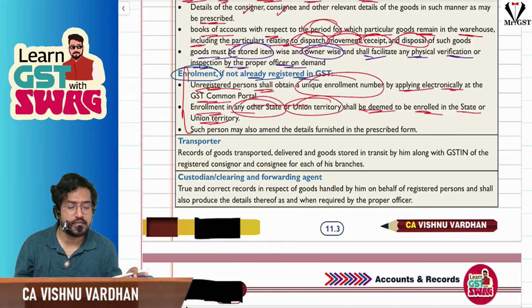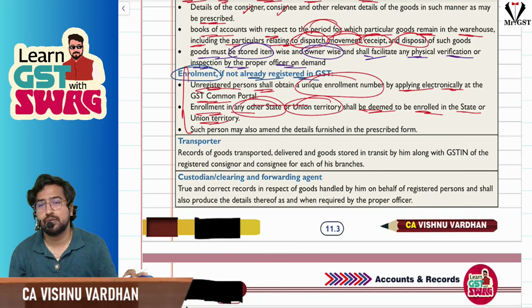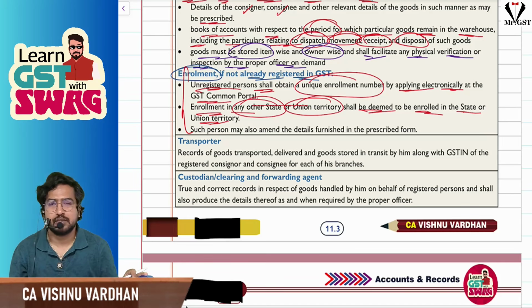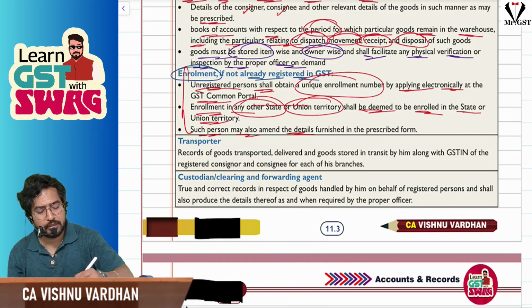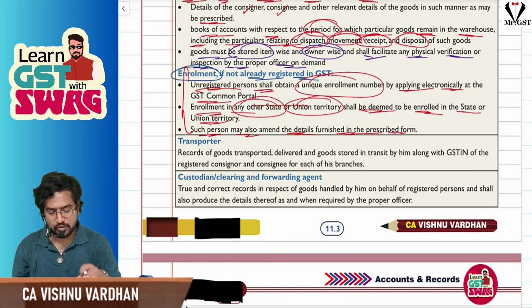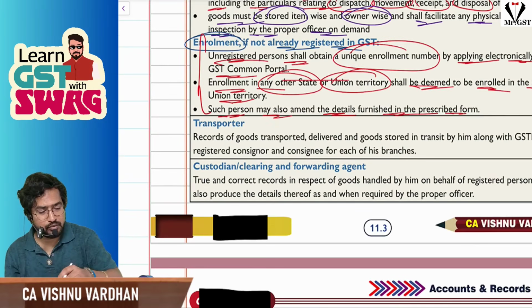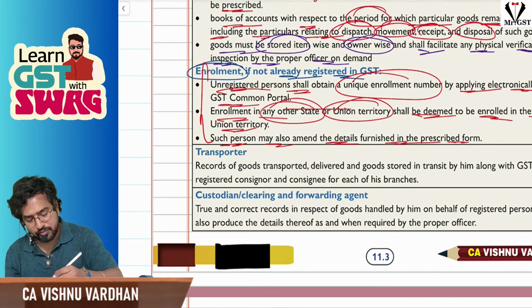So we call it either transporter ID or also TRANSIN, transporter identification number. Okay, such person may also amend the details furnished in the prescribed form. So here write down transporter ID, or you can also call it Trans.